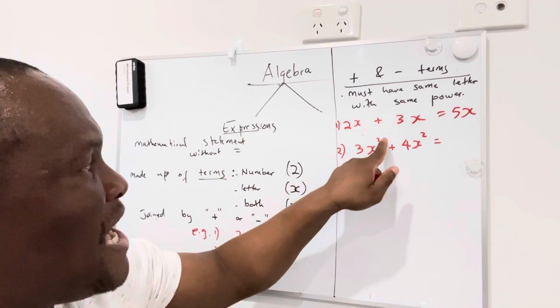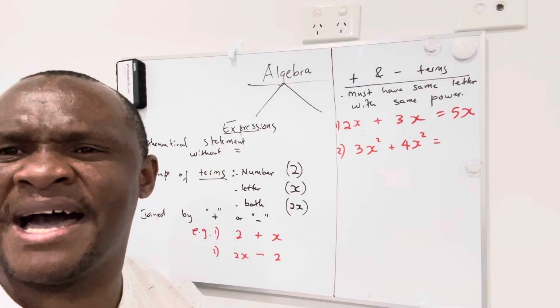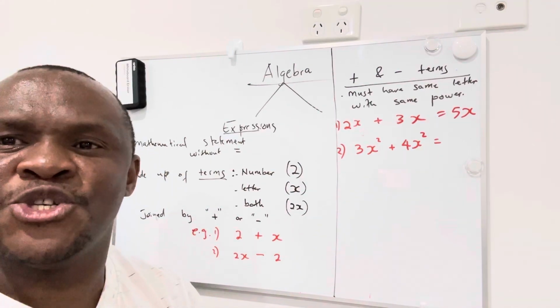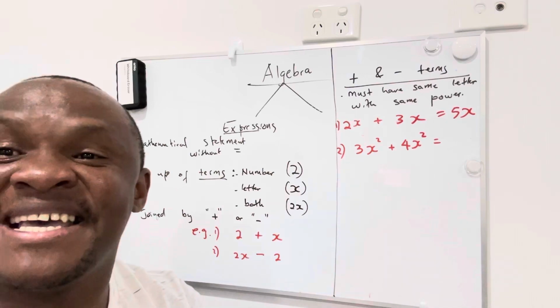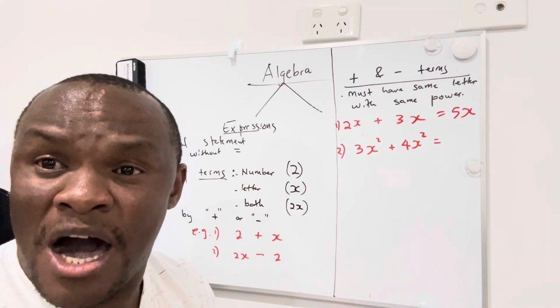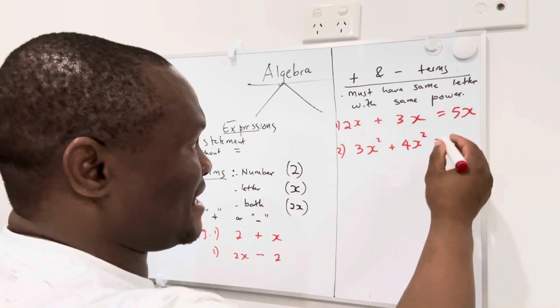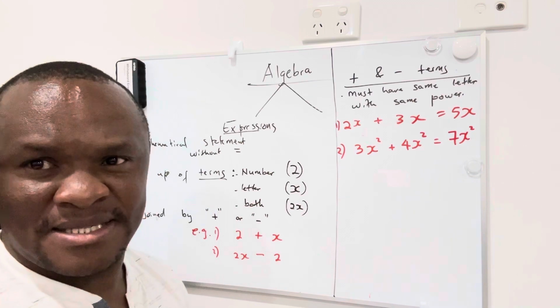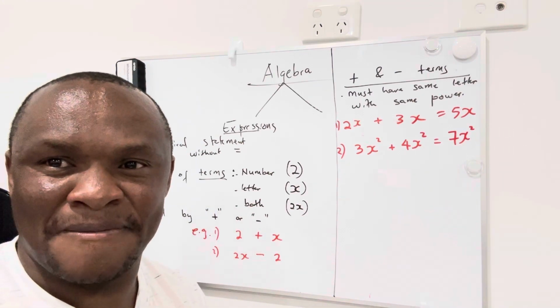Since the power here is the same, we can add. Or if it were subtraction, we can subtract. So it is the same as 3 apples plus 4 apples. How many apples do we have? 7 apples. So it's going to be 7x squared.